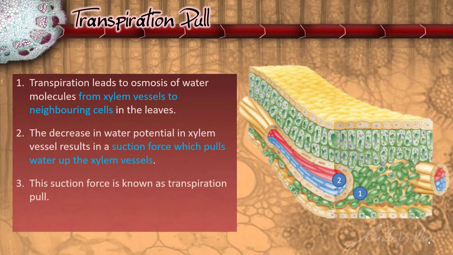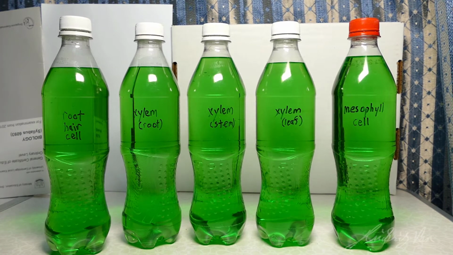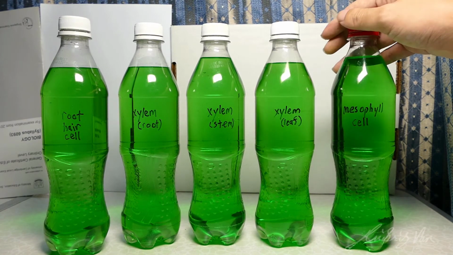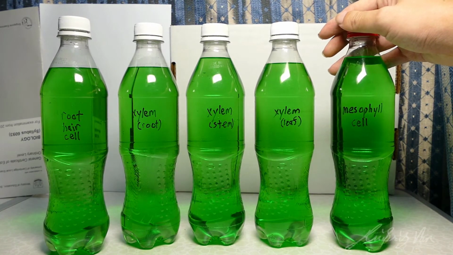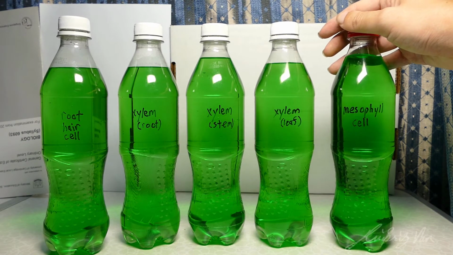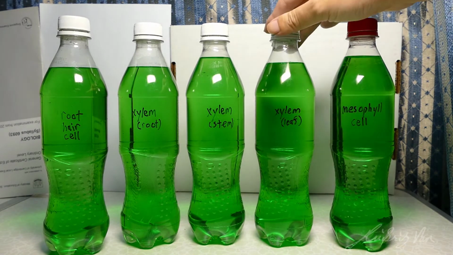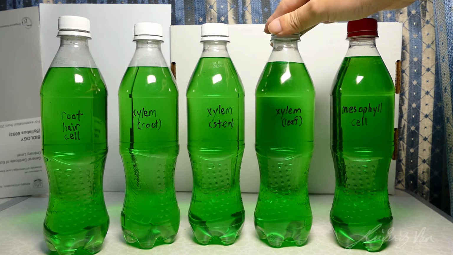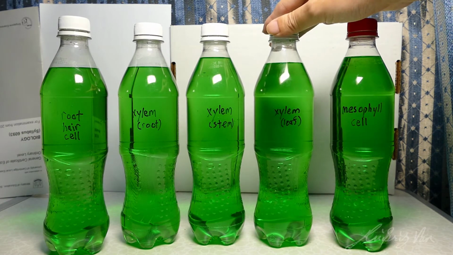To help demonstrate transpiration pull, I have these 5 bottles down here. These 5 bottles are used to represent plant cells. First is the mesophyll cell. Then we have the xylem inside the leaf, which is beside the mesophyll cell and supplies it with water.